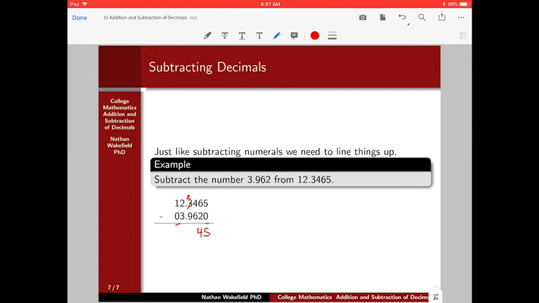I can do 14 minus 6. That's 8. 2 minus 9, again, not something I can do. But I can do 12 minus 9, that's 3. I copy down my decimal point. I have 1 minus 3, again, not something I can do. 11 minus 3. And I've got 8.3845.